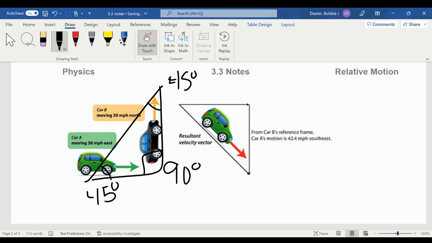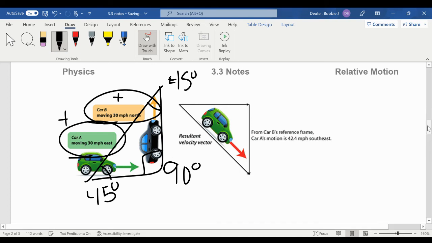Because car B is moving north, we know this is positive. And because car B is moving east, we know it is also in a positive coordinate plane. However, we're going to look at the resultant vector from this car, which is a little bit different.